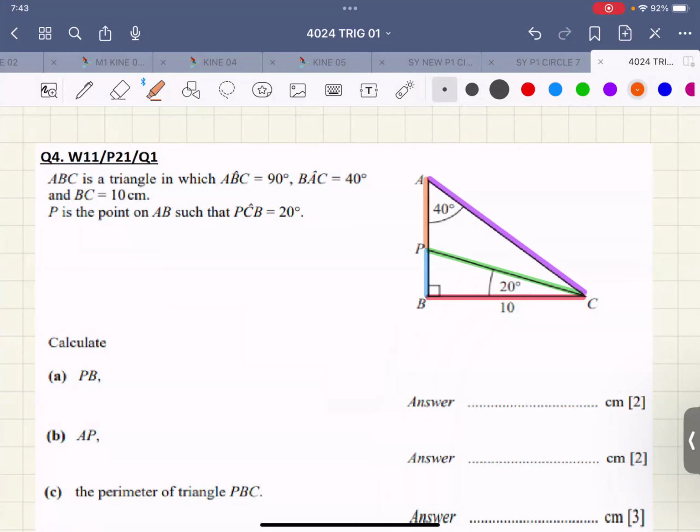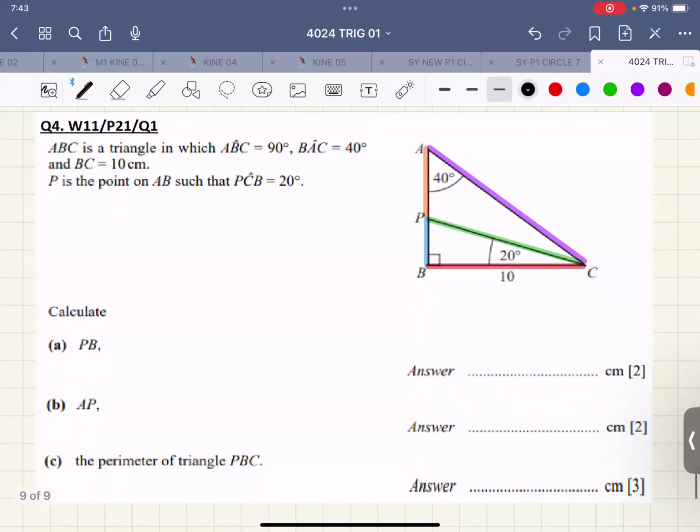Now, first of all, they are asking us about PB. Basically, we have to focus on this triangle. So always mention that we are talking about triangle PBC. With respect to 20, this is 10 and this is the opposite. So therefore, tangent of 20 degrees is PB divided by BC.